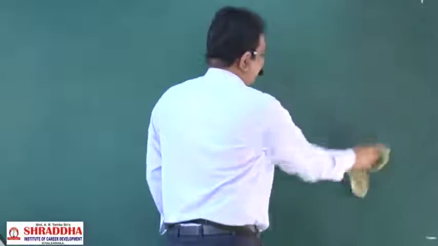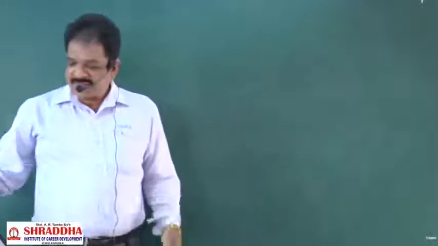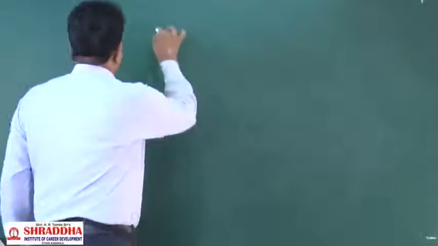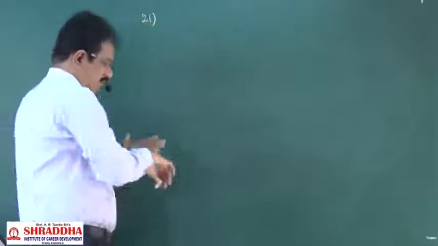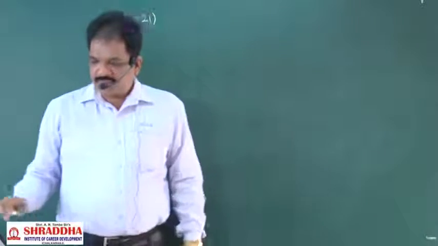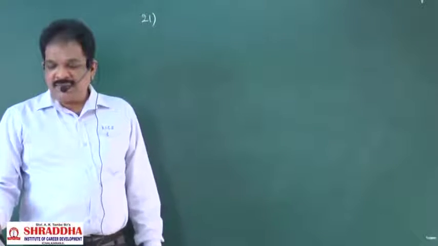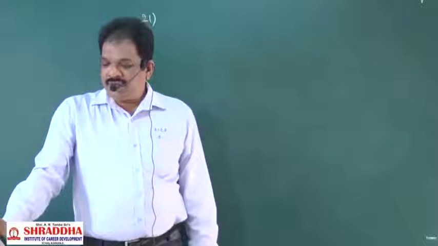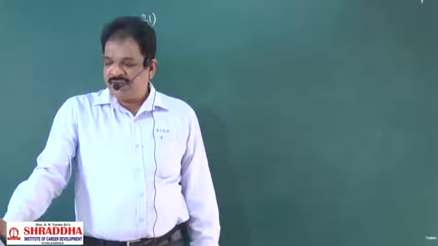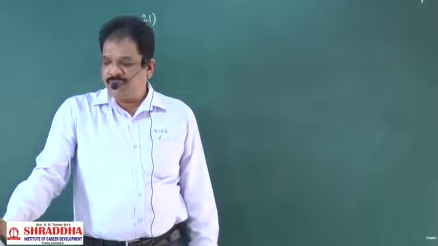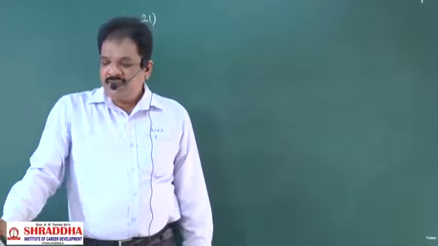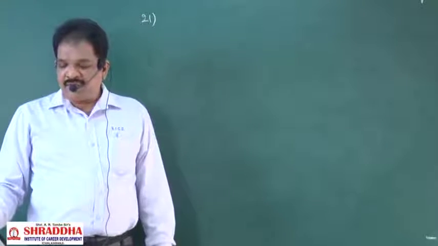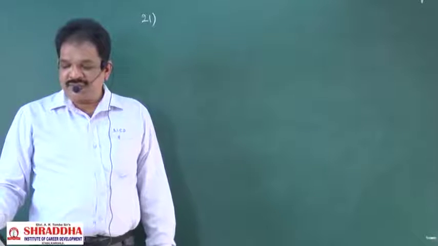Okay? Next. Question number 21. See what they are asking. Length and breadth of a metal sheet are 2.325 meter and 3.142 meter respectively. What is the area of this sheet under proper number of significant figures?